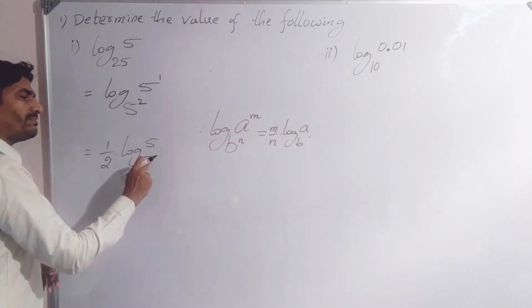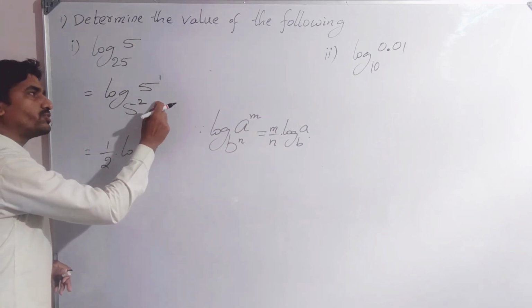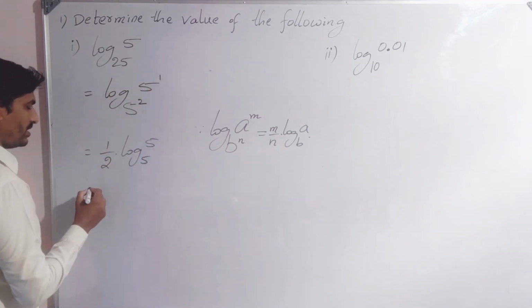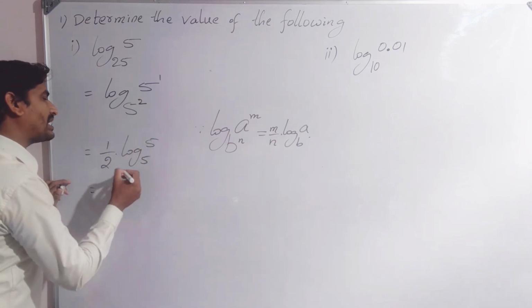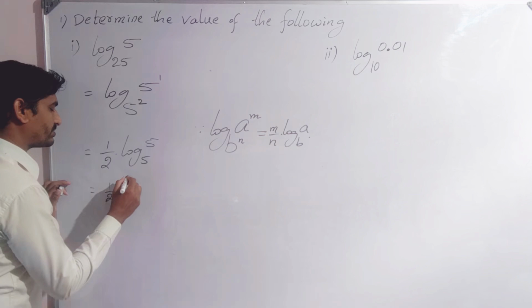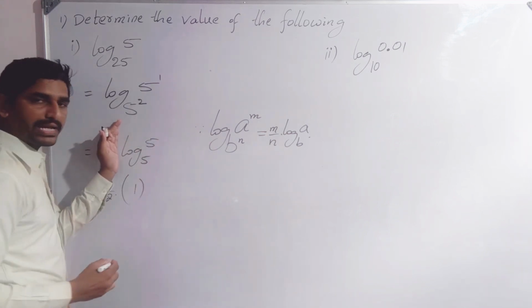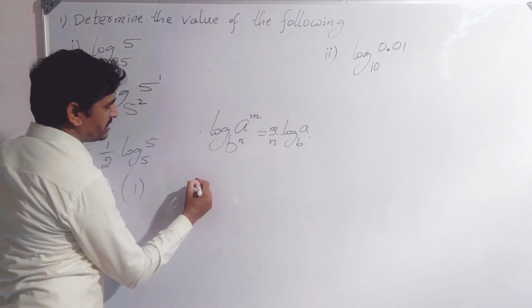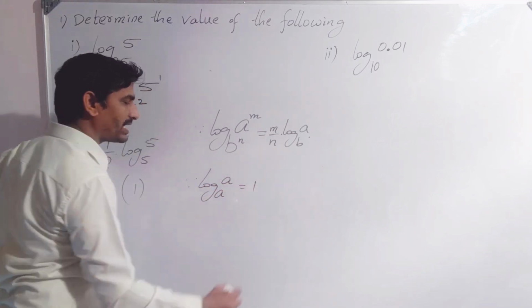Like that. This power by this power is the remaining 1 by 2, 1 by 2, logarithm of 5 to the base 5. We know that the same values are there. The logarithm total value becomes 1 by 2. This complete value becomes 1, since logarithm of a to the base a is 1.